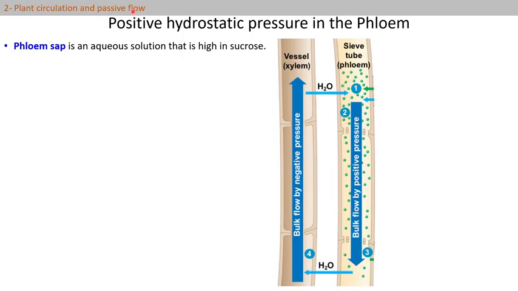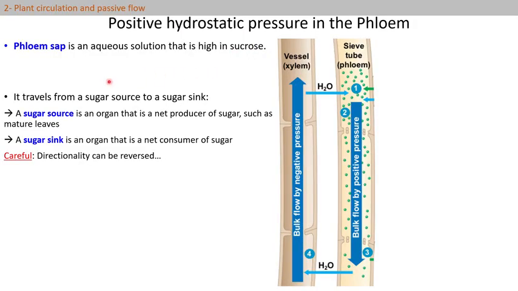How do you get positive hydrostatic pressure in the phloem? And so please remember, there's suction, so negative pressure in the xylem. In the phloem, it's positive pressure. So we transport phloem sap, which is a solution of water, but also sugar. And the sugar will be transported from a source.